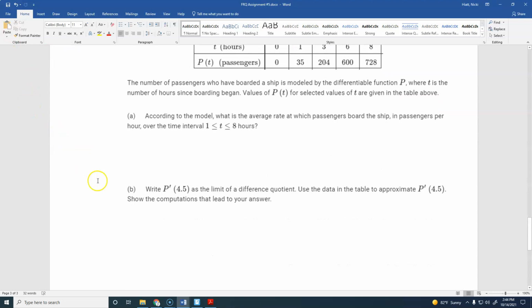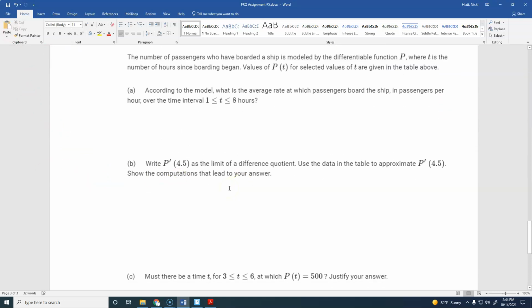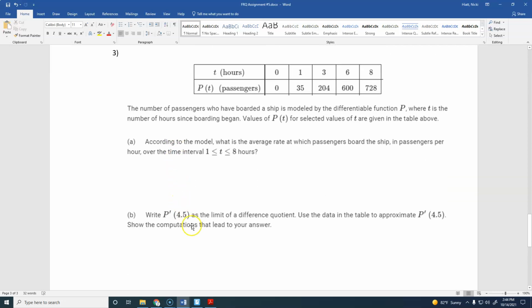Okay, real quick, let's just look at B. Write P prime of 4.5 as the limit of a difference quotient, and then approximate this. Limit of a difference quotient is the limit definition of a derivative. So, for this, you got two ways that you can do it, but the easiest way is to use that f prime of a formula that I had before.